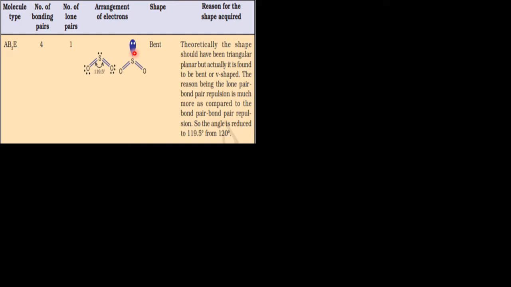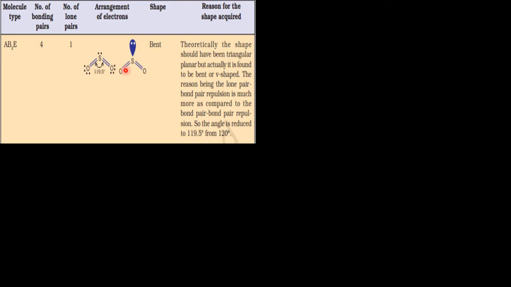Now how do we come to the conclusion about what shape it will take? See, he has given an explanation here. Theoretically the shape should have been triangular planar. If we imagine lines here and here and join them, it becomes triangular planar.